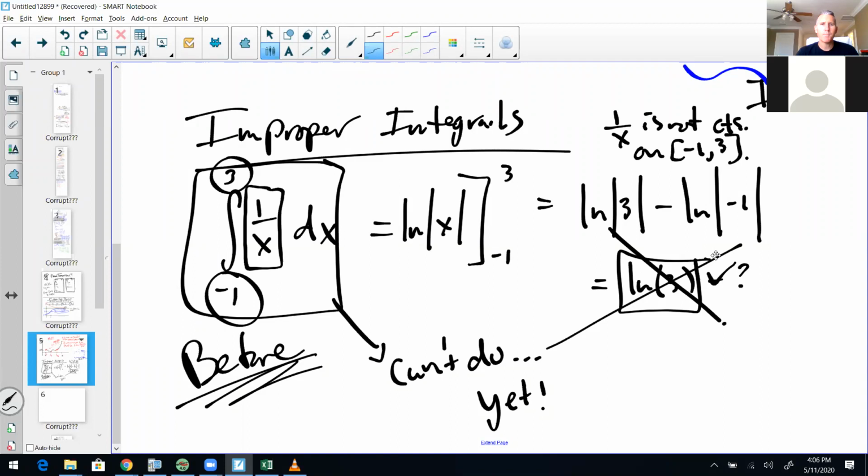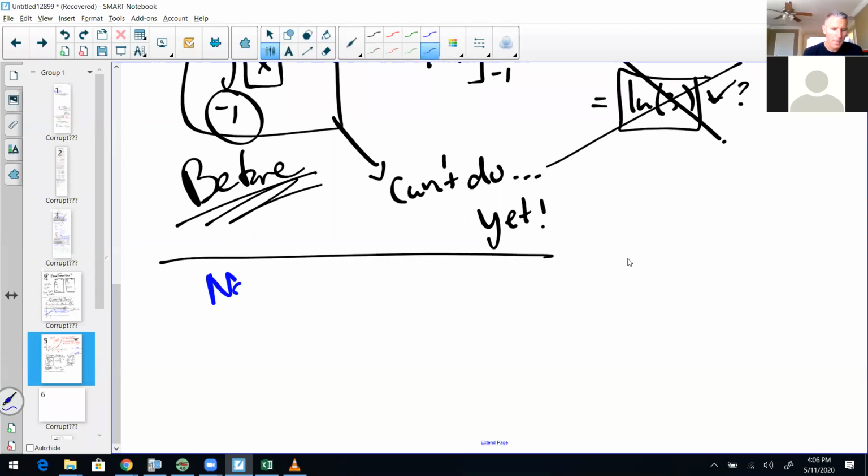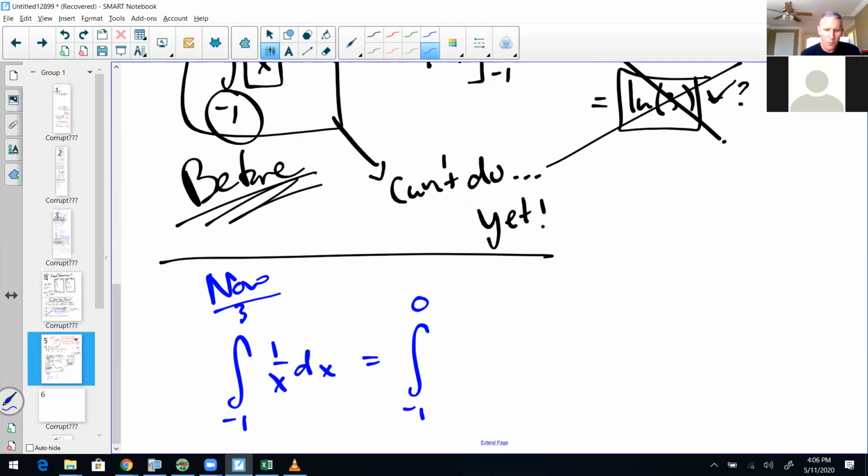So anyway, what we did is we took this problem and we said, okay, we have to think about this as, the integral from -1 to 3 of 1 over x dx is really equal to the integral from -1 to 0 of 1 over x dx plus the integral from 0 to 3 of 1 over x dx.